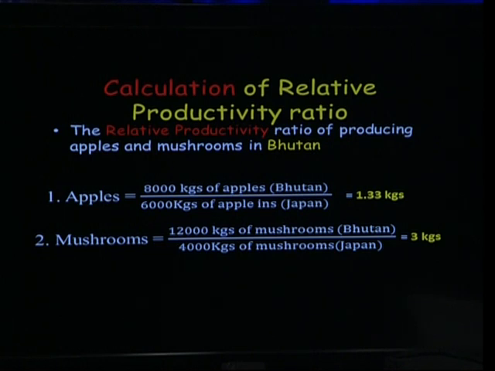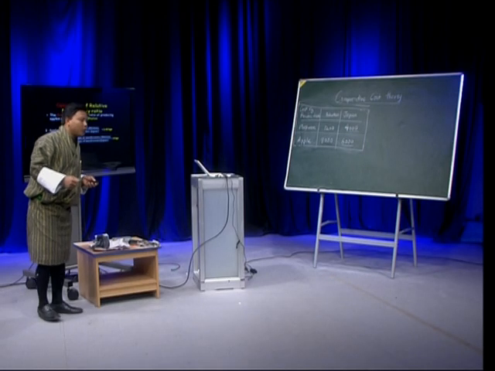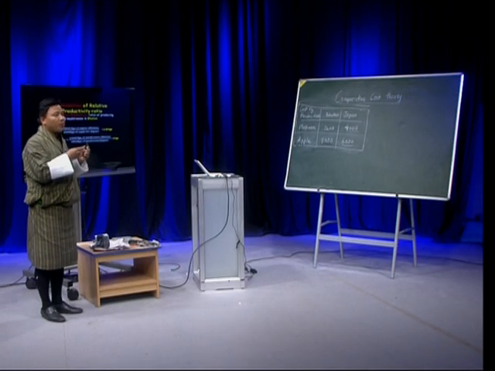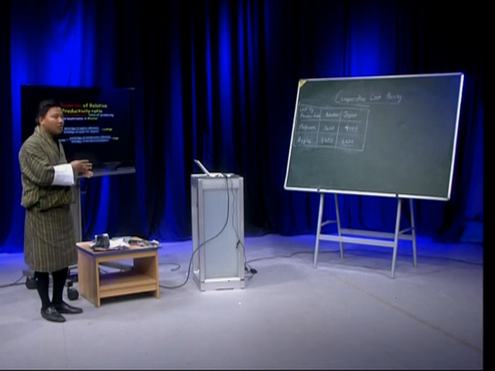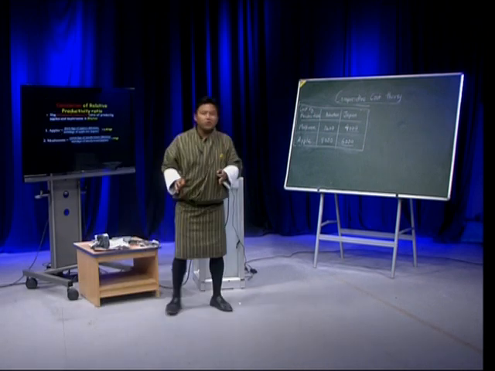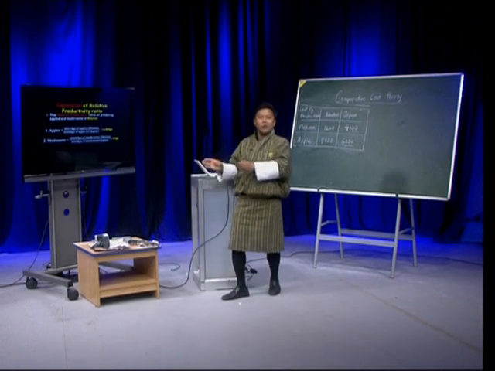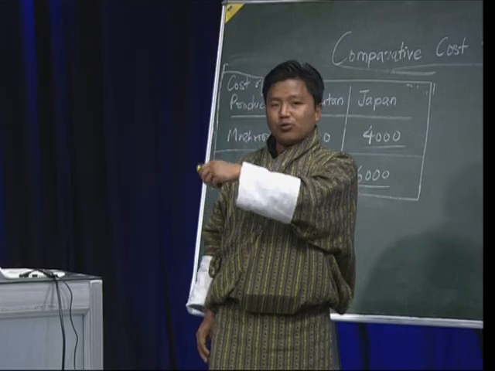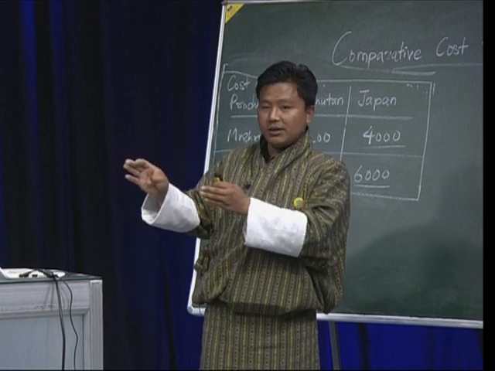So therefore, Bhutan should focus on production of mushroom. Now we are done with the relative productivity ratio of mushroom and apple in Bhutan. Now, again, we have to do the same for Japan as well. So this is the conclusion from this finding.